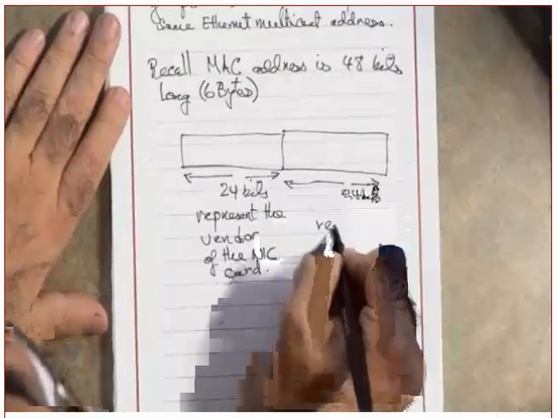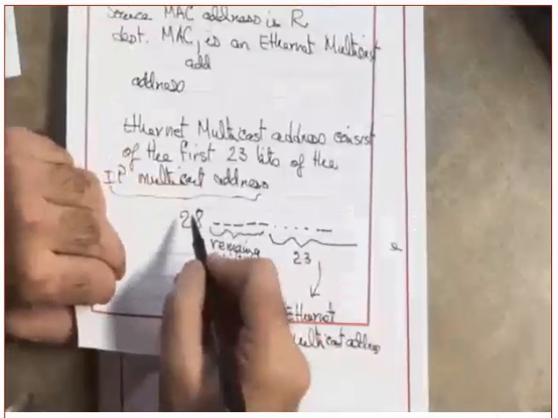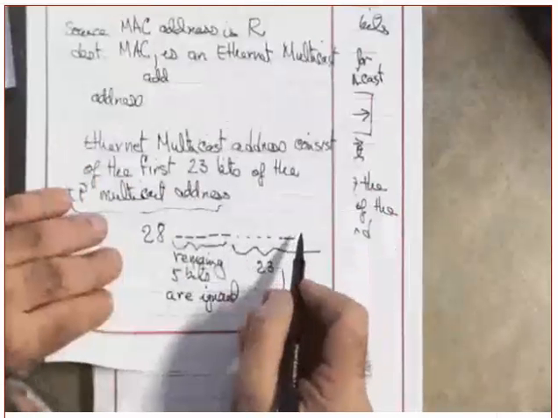Clear? Do you know on which network the multicast group receivers are located? When we saw the address, do you see an address of a network here? This is just the prefix, 1110. There is no network address.